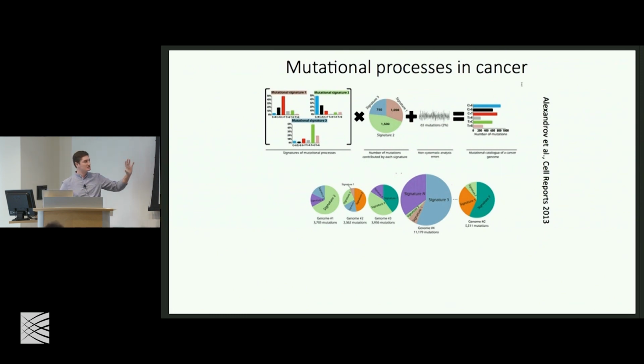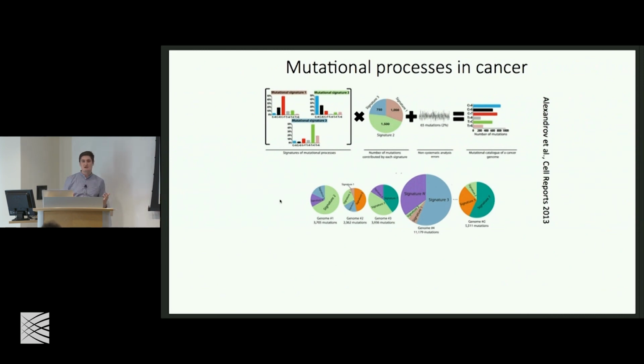Here I show just 6 types of mutations instead of 96 for simplicity. We assume that these mutations come from a small number of processes, each characterized by a unique spectrum and a contribution to the sample. So we expect the vector of frequencies to be a linear combination of the unknown spectra of mutational processes with their contributions.